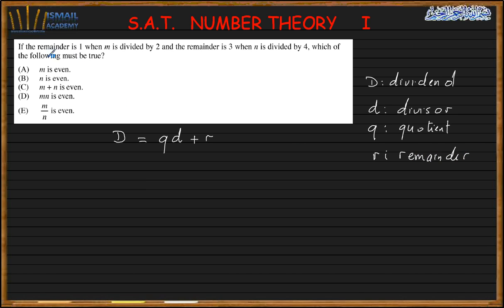Alright, so we have the remainder is 1. If I divide m by 2, that means m is the dividend, and we have the quotient times the divisor 2, and the remainder is 3 when n is divided.